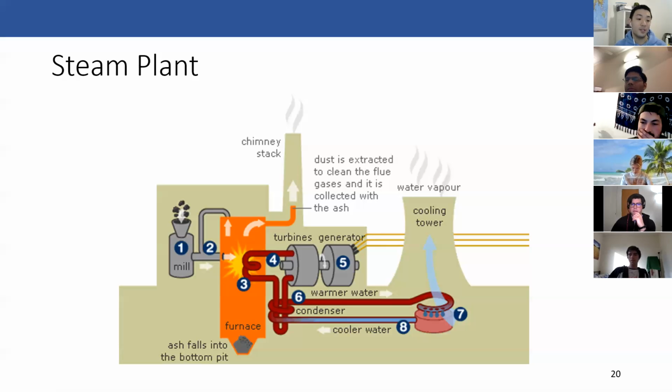And that water will essentially cool down the water in the closed circuit and then evaporate. And so none of the water coming out of the cooling tower is directly associated with the water that's passing through your turbine.